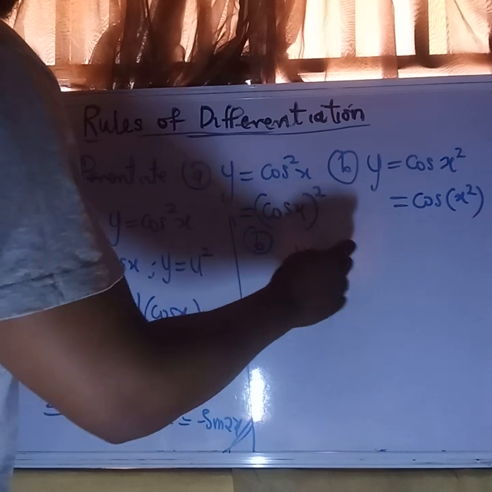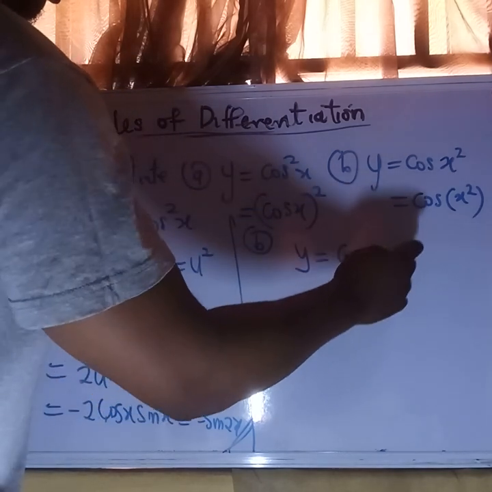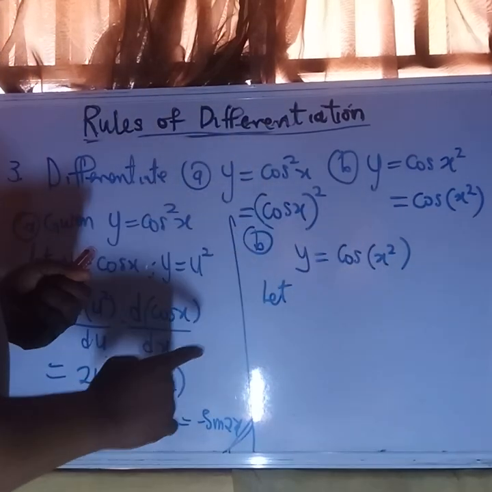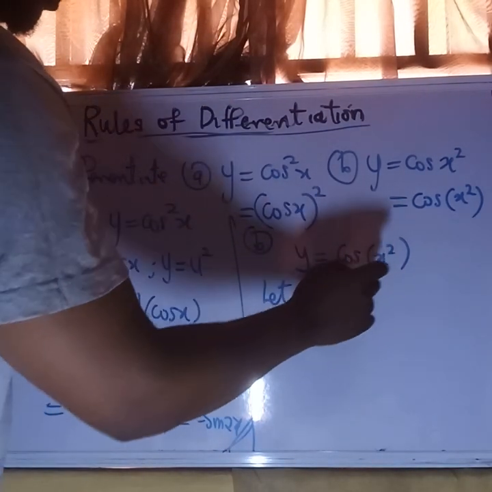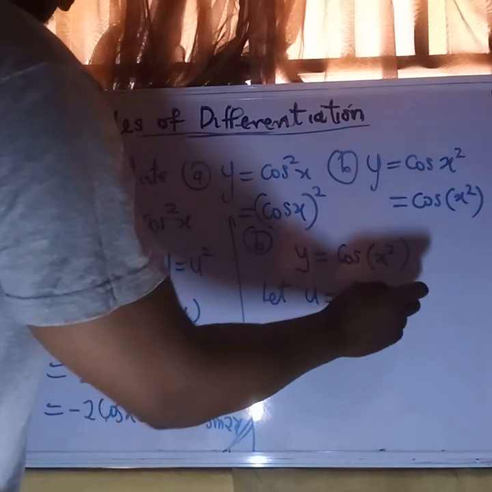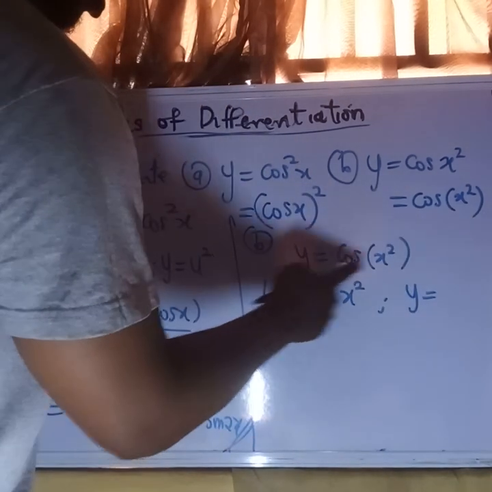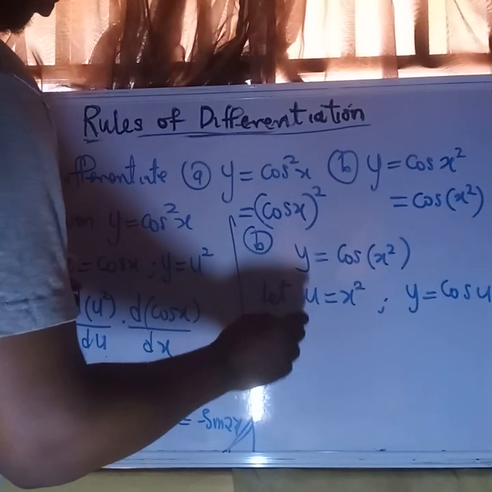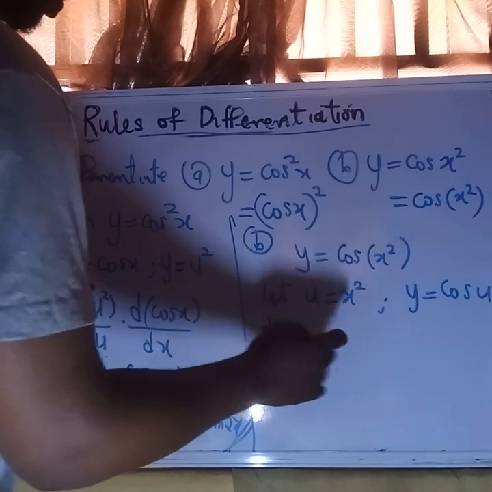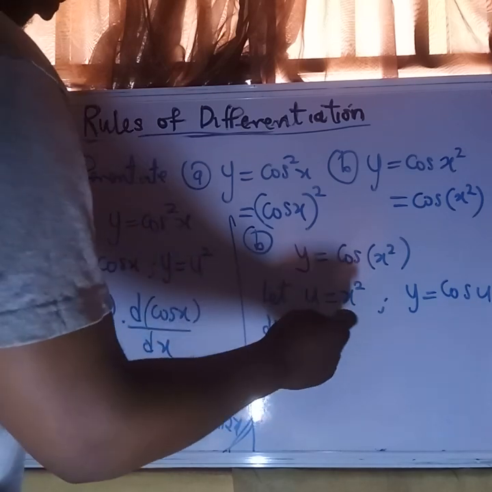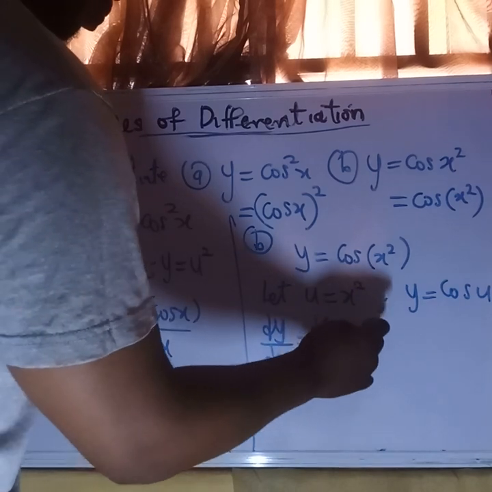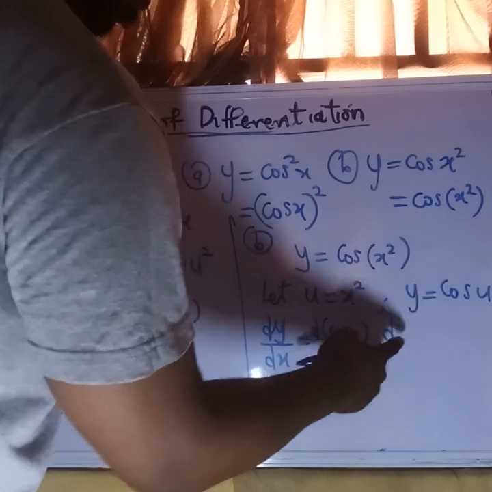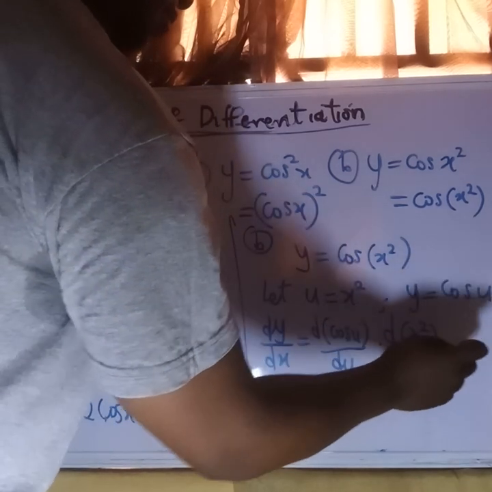In part B, we are given y equals cos x squared. As seen here, the inner function is u, and y will be cos u. So the derivative of y with respect to x is d cos u by du times du by dx, where u is given as x squared.